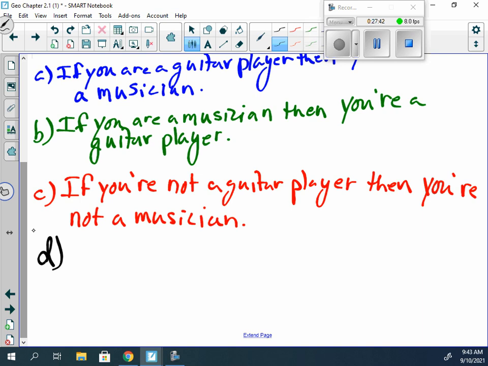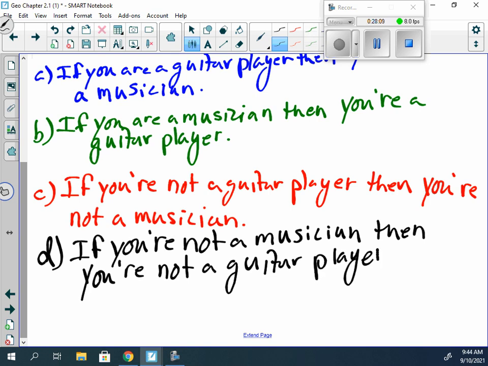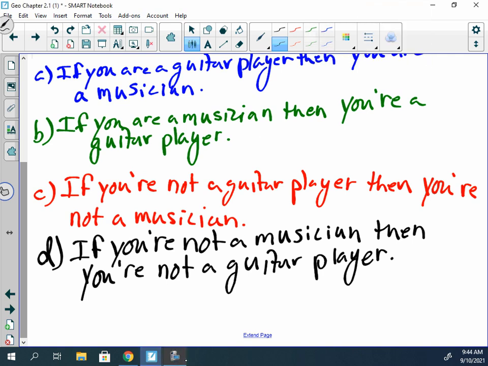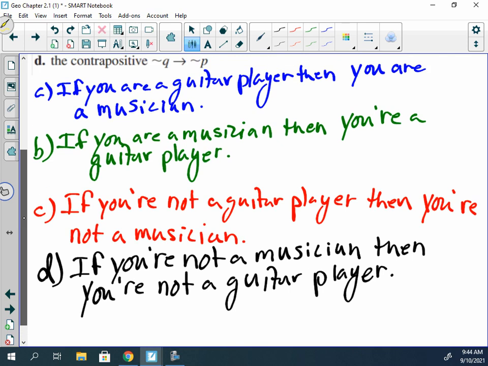Now the last one is not Q implies not P. It says if you're not a musician, then you're not a guitar player.